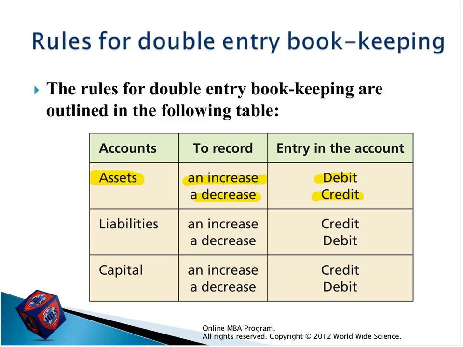Next one, liabilities, right? Liabilities are what we have to pay to someone. We borrow money from someone, like banks or partners or somebody else. So here is a different situation. As you see, it's the opposite of assets. If our liabilities are increased, what does that mean?